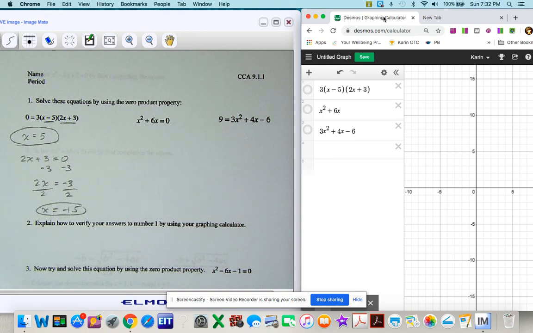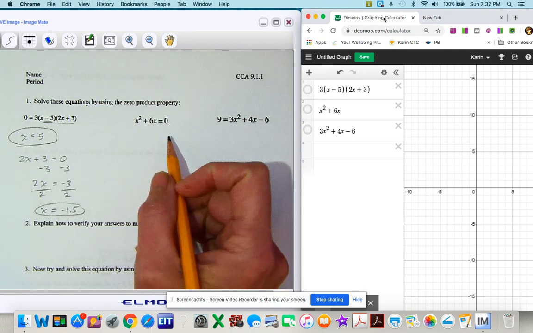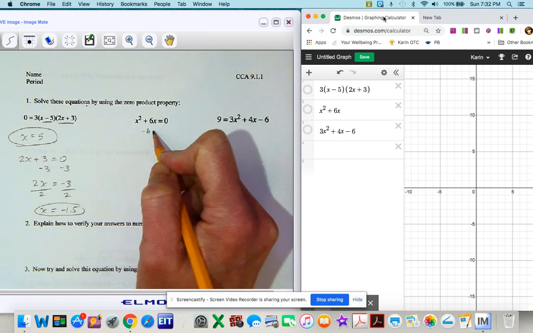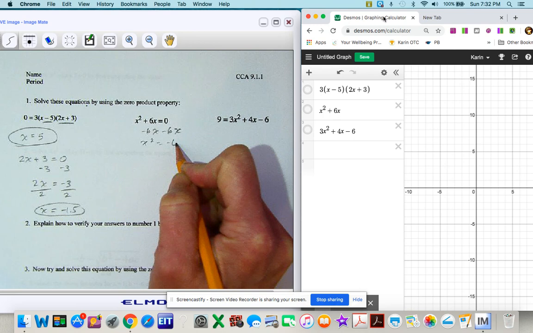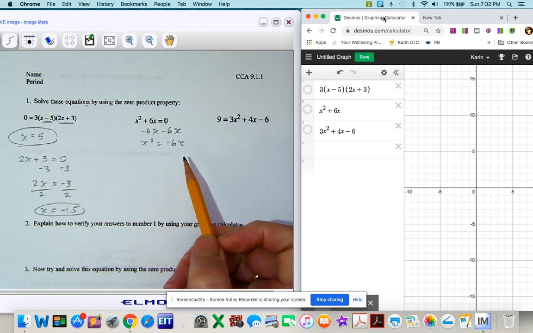Okay, I want you to go ahead and try to solve the second one. Okay, so what strategy did you use to solve the second one? Did you just give up and go back to the old balancing method, or did you try to write this in factored form? Remember, if I try to balance this out and get my x alone, I'm stuck with this squared and this x here.